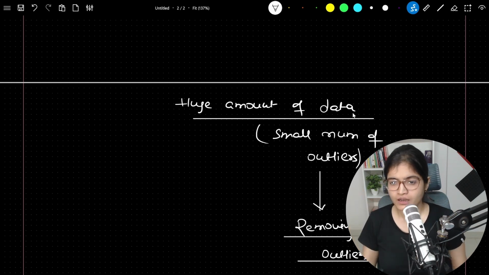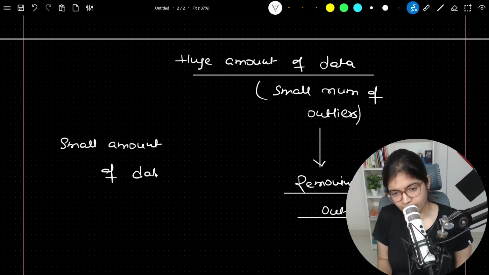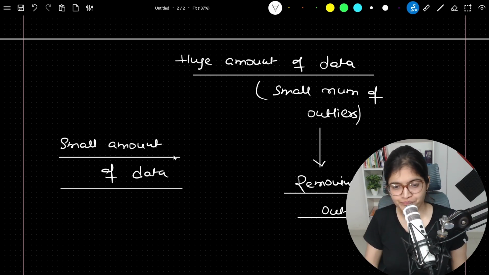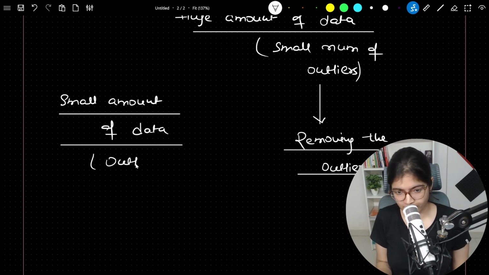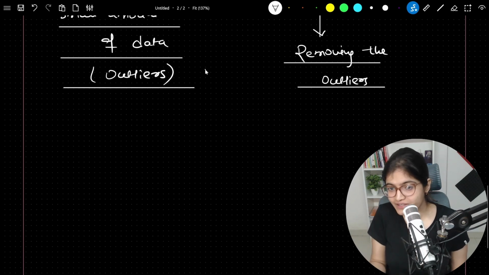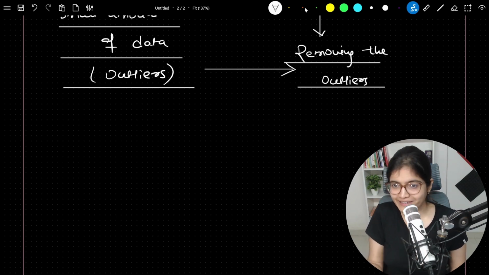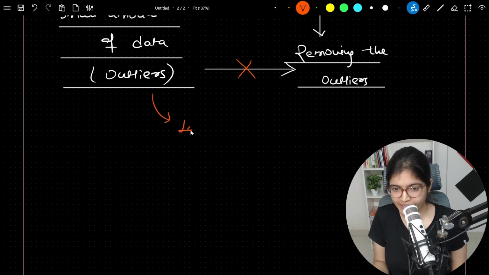That's a good idea. But if you are dealing with a small amount of data points, and in that small amount of data you have outliers, and you directly remove them by applying the same method, then in this case it is not a good choice. Why? Because in this case, that will lead to the loss of information.